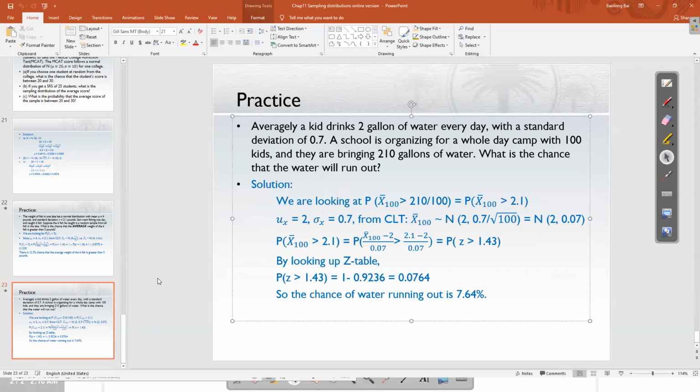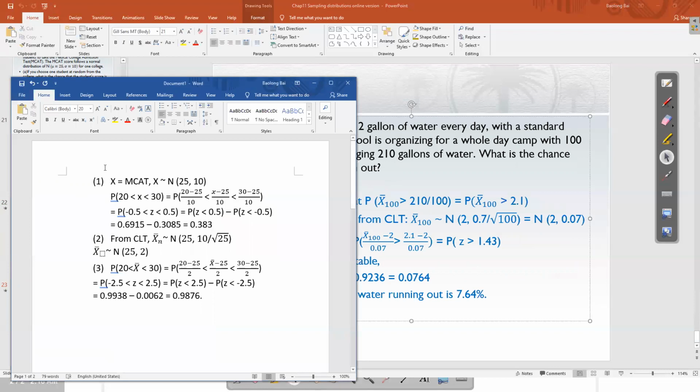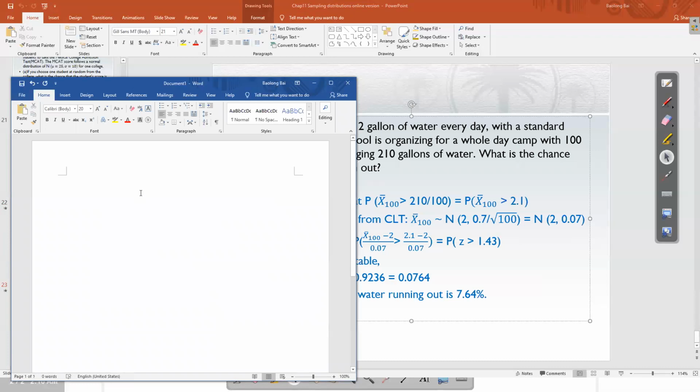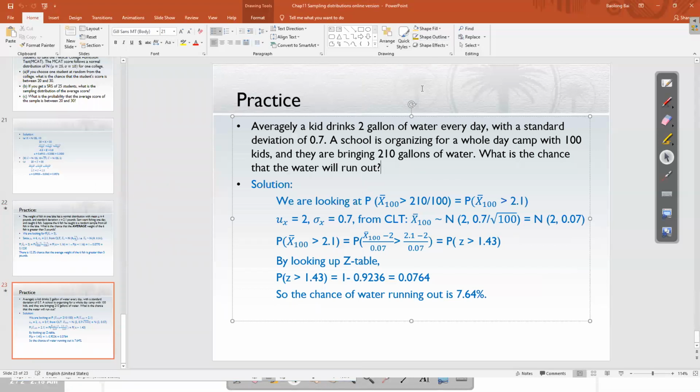Okay. Some people got confused with a question like this. So we're gonna do it slow here. We're looking for probability of water runs out. So now we just need to explain this. What does it mean when we say water runs out? Then go back to the scenario. So water runs out.